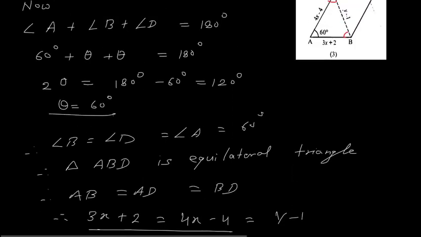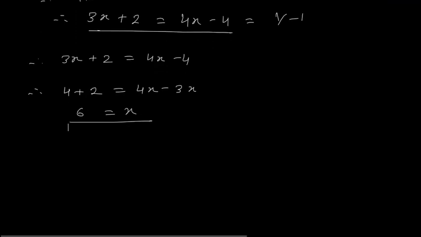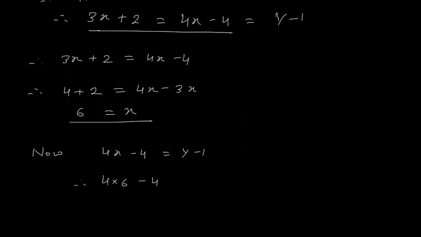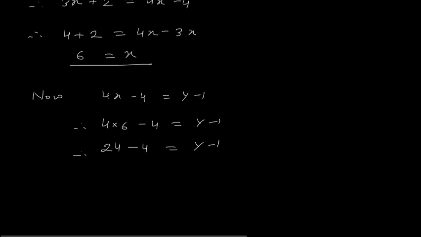Now once we have the value of x, we can find the value of y. So here we have 4x minus 4 equal to y minus 1. So 4 into x, the value of x is 6, minus 4 is equal to y minus 1. So 6 fours are 24, minus 4 is equal to y minus 1.